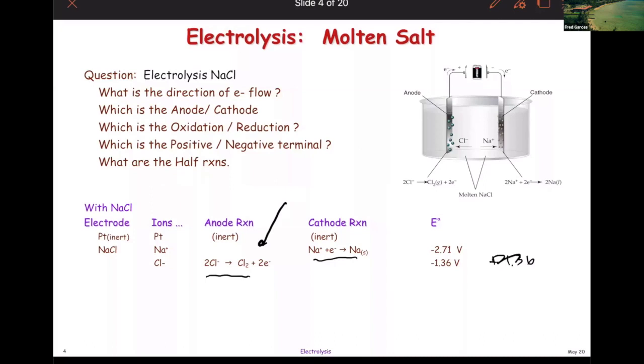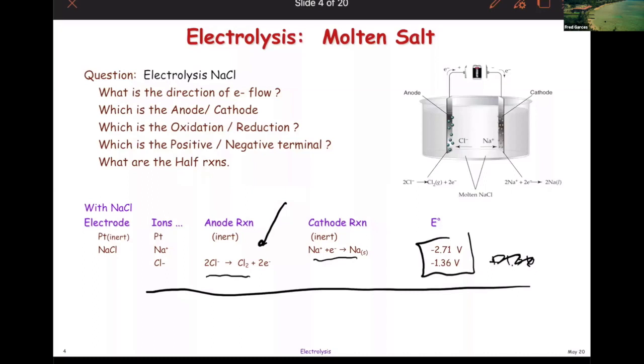Okay, so these are the electrochemical potentials, and since these are the only two reactions that are going to be at the anode and the cathode, then we can certainly say that Cl- plus Na+ is going to go to Na solid plus Cl2 gas.